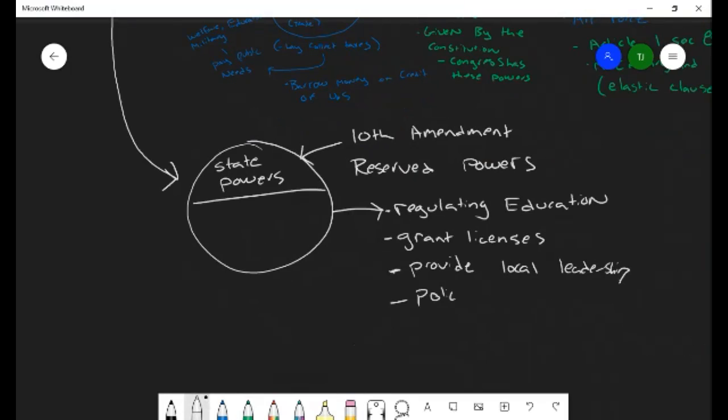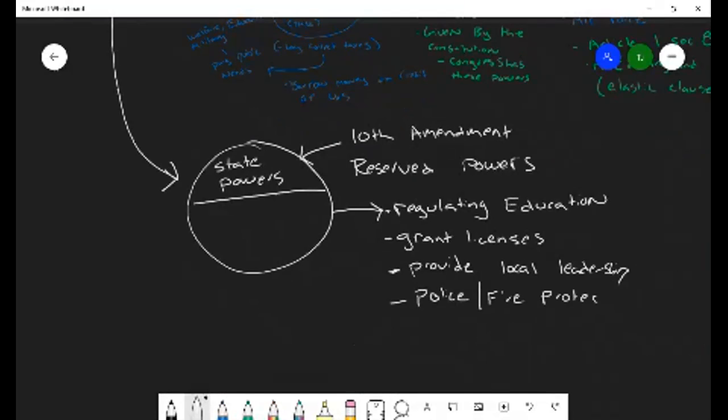Okay, these are all powers that the states have. They're not listed in the Constitution, or they're not implied by the Constitution. They're then reserved for the state. These are your reserved powers.